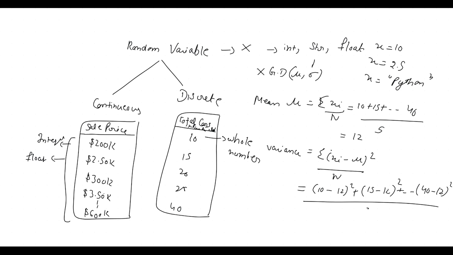Let's say its output is 9. Now how would you calculate the standard deviation? This is your standard deviation. We denote it with sigma. It is equal to the square root of variance. The square root of 9 is 3, so your standard deviation value is 3.